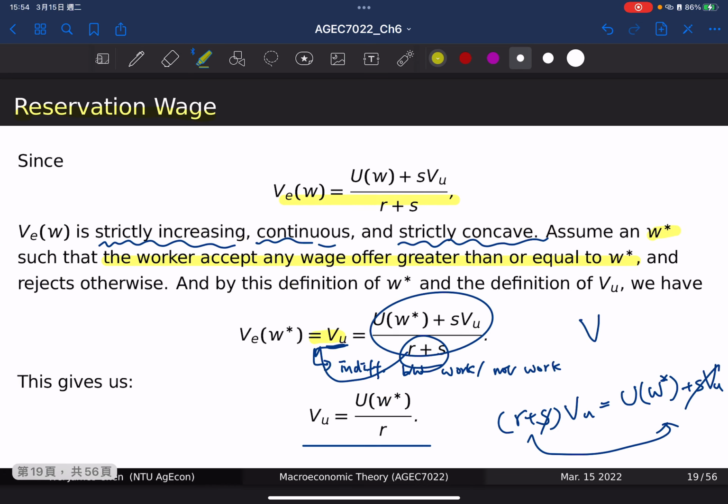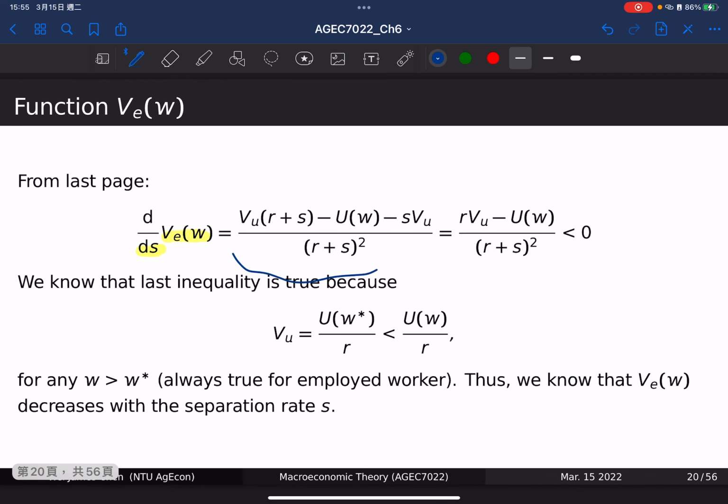You differentiate this with respect to S, but not this, minus you don't differentiate this, but differentiate this. And then divide it by the square of this, which gives you this. This is undergrad calculus. I'm not going to go into detail. Also the easy part of the undergrad calculus.